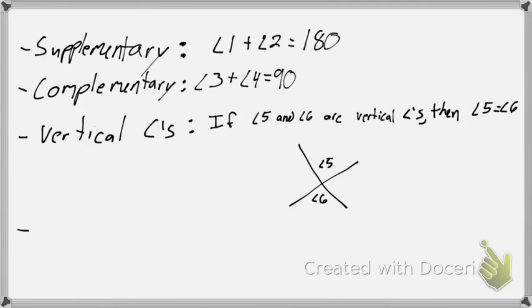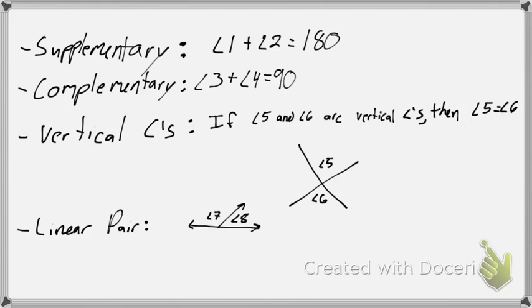All right, and then I think the last one, linear pair. What do we know about linear pairs? They're on the same line. That's the idea of linear. What else do we know? Linear pairs are adjacent, which means they share a side.